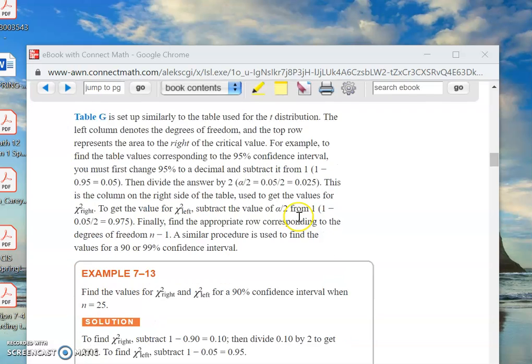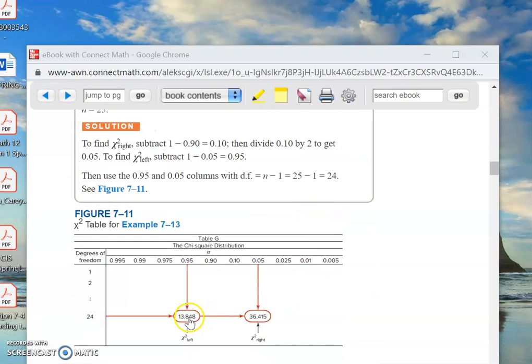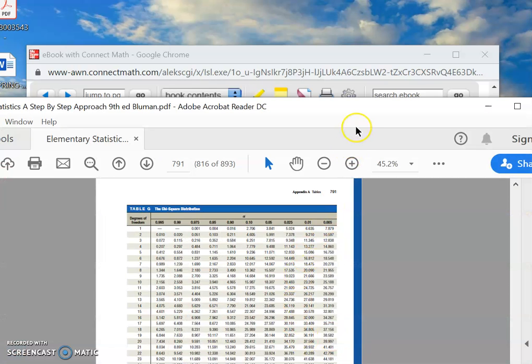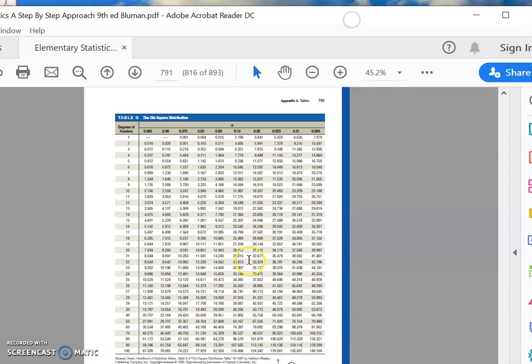The various values that are in the table tell us what the area of the curve is to the right of that particular critical value.